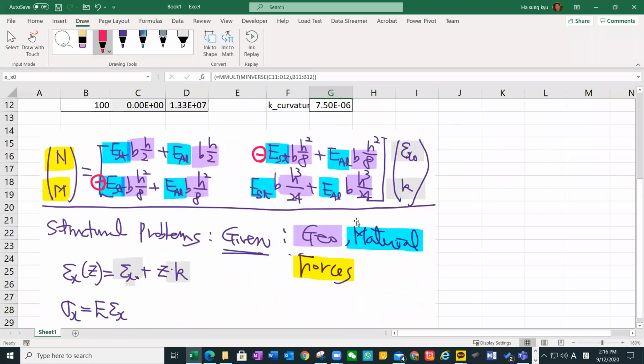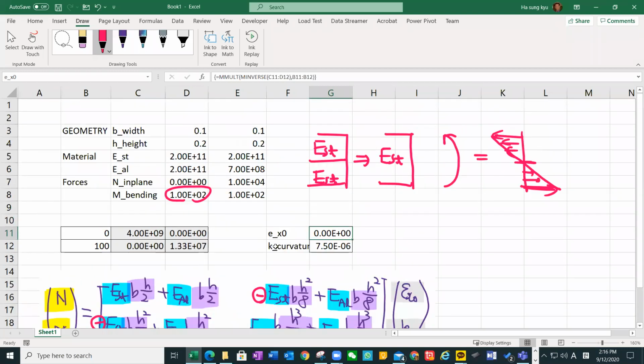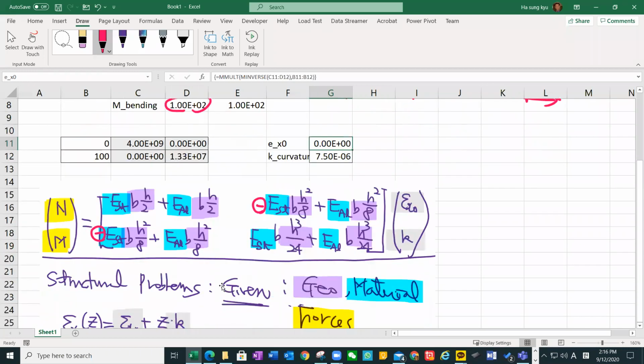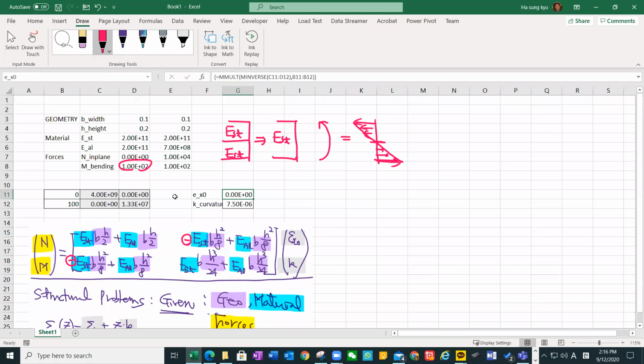Now, one last step is that we plot this strain. How can you plot this one? Well, as we have it, epsilon x is epsilon x0 plus z times curvature. So simply epsilon x and z is a linear function.